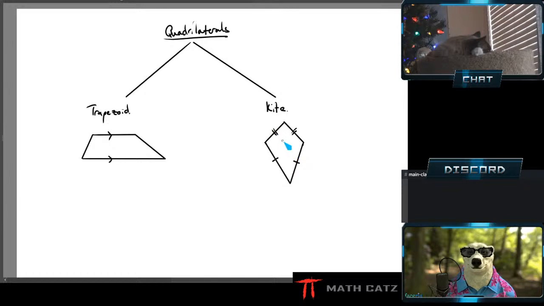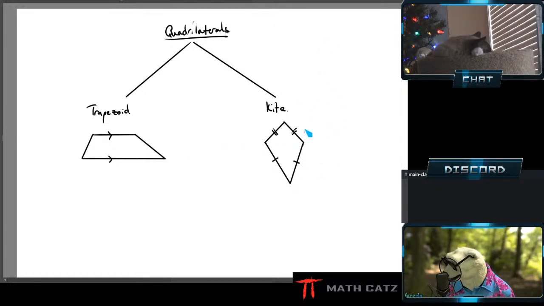But if I just require that, it opens me up to a little bit too much. So the other kind of initial classification in the quadrilaterals is where a pair of adjacent sides should be equal length, and then the other pair, because I have four, should be equal length as well.